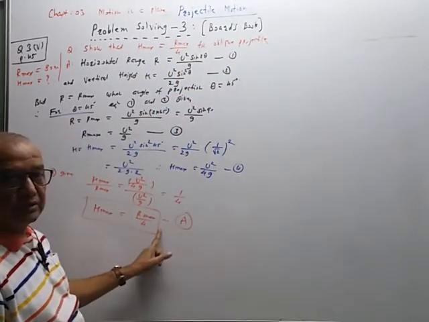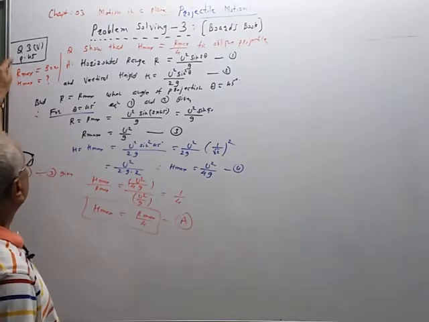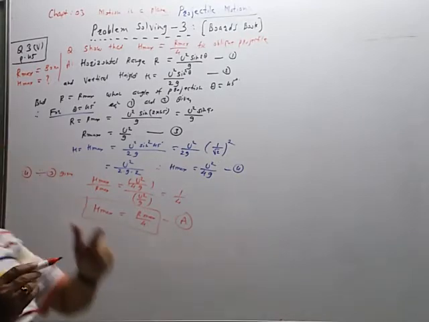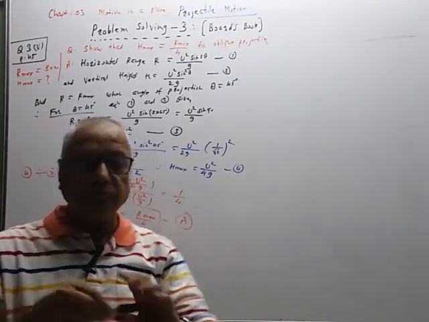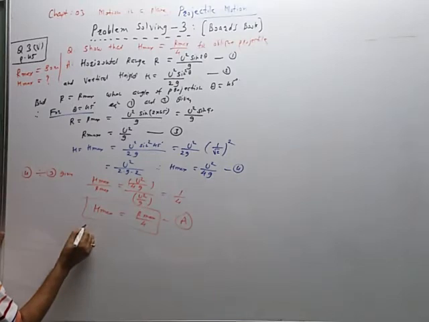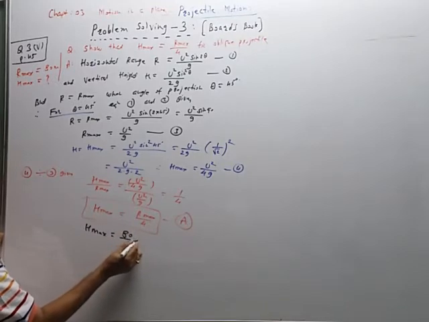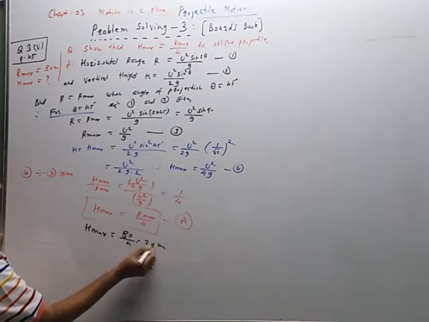Now use this relation for question number 3, sub question 5. Substitute, therefore h max is equal to, putting this value, maximum height is equal to 80 meter by 4, that is equal to 20 meter.